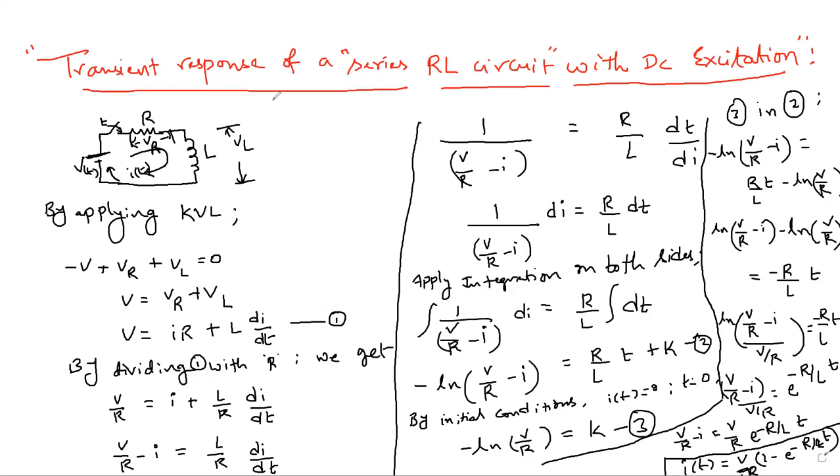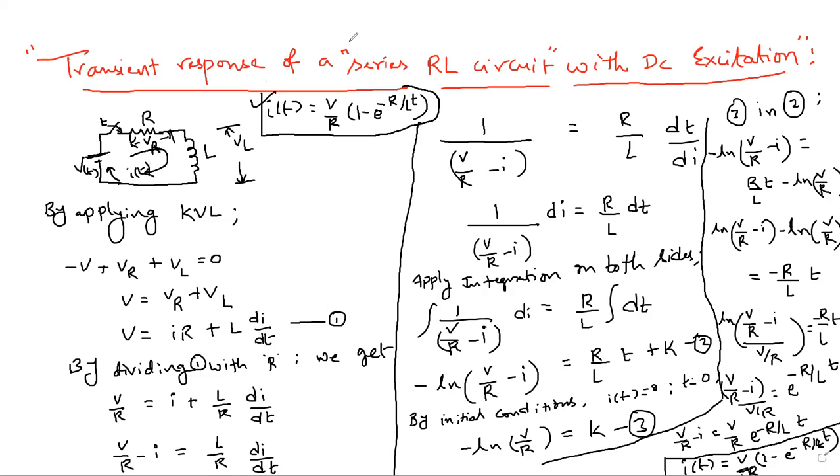So I of t is equal to V by R into 1 minus e power minus R by L into T. This is your I of t.